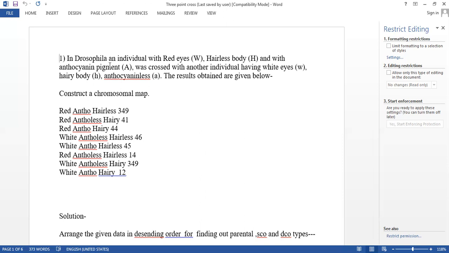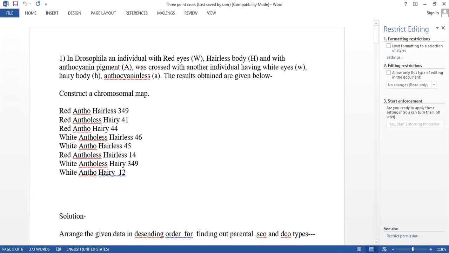Because unless you finalize the location of the gene, you cannot find out the distance between the successive genes. So the problem will be given like this. It will be very similar, only the figures and the names of the genes will change. All the other things will remain the same.